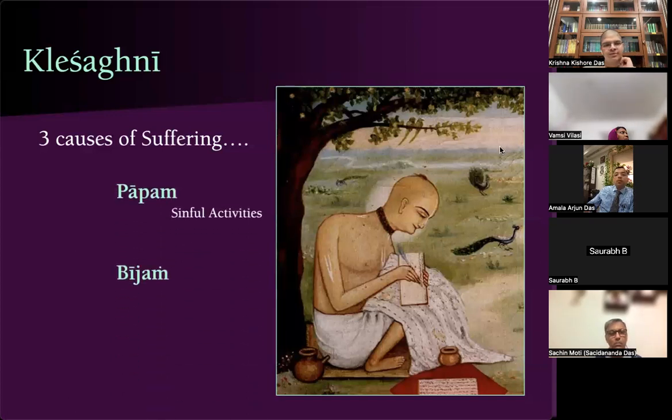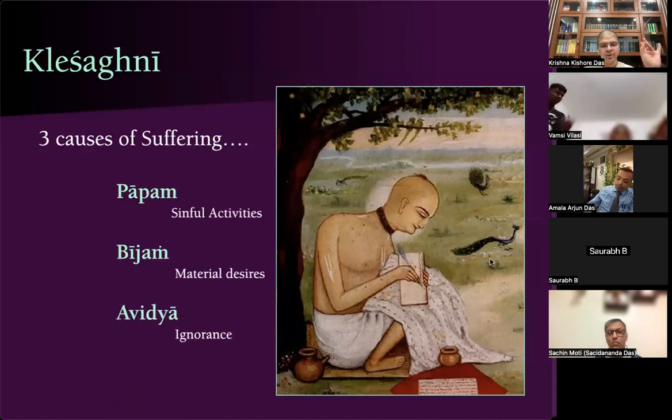The three causes of suffering are papa, bija, and avidya. Technically, bija means seed, and papa means sinful activity. Avidya means ignorance. So from ignorance comes material desires, and from material desires comes sinful activities. And when we perform sinful activities, we end up getting sinful reactions.